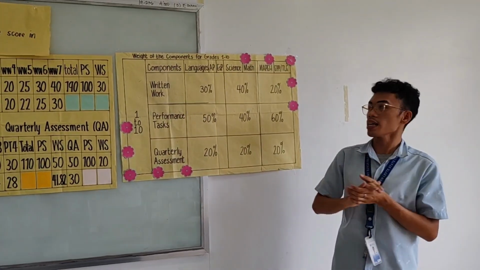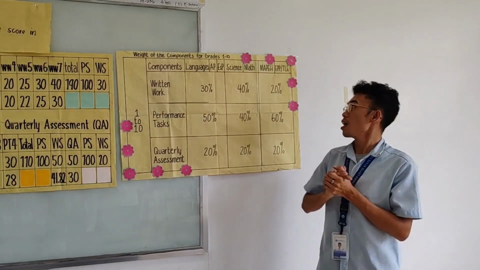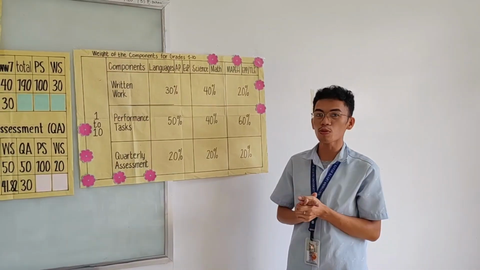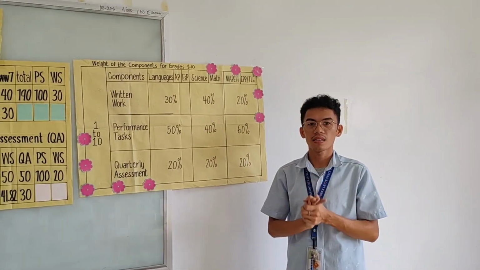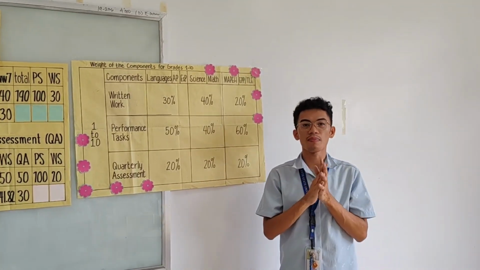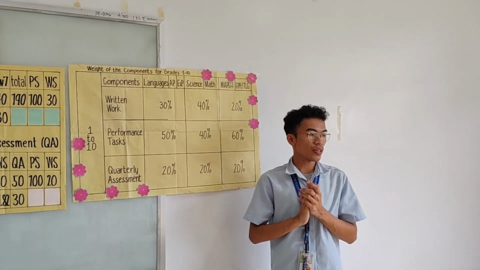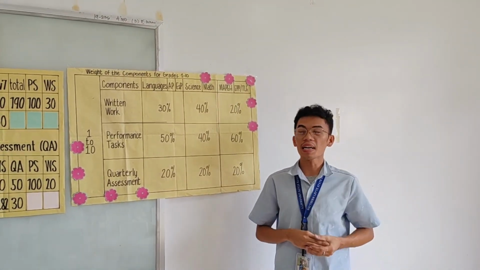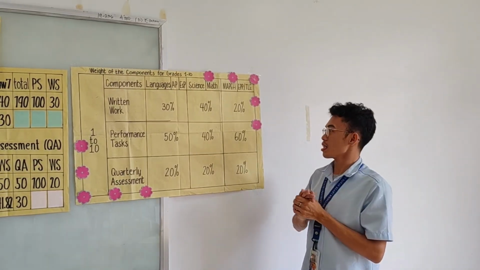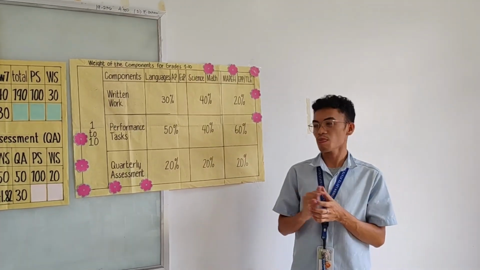And lastly, in the subject MAPEH, which is music, arts, physical education, and health, and the subject Edukasyon sa Pagpapakatao, EPP, and also Edukasyon Pantahanan at Pangkabuhayan and the TLE, the weight of each component is: written work 20%, performance task 60%, and quarterly assessment 20%.